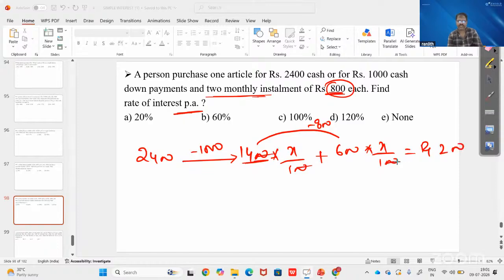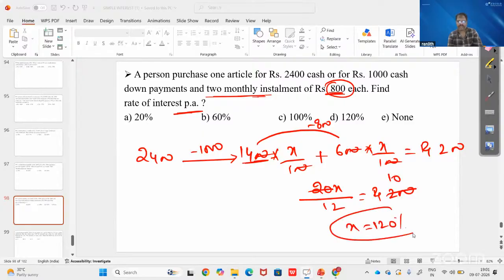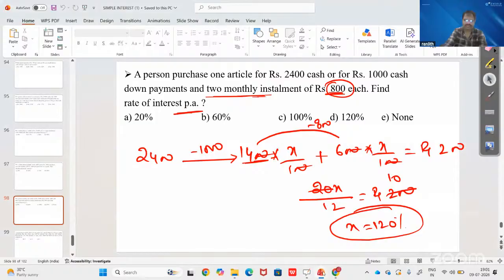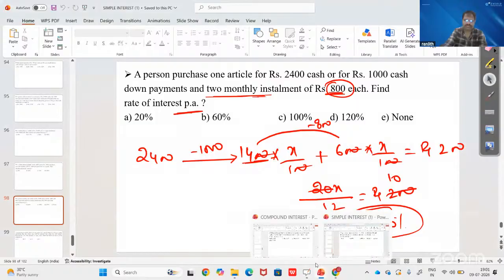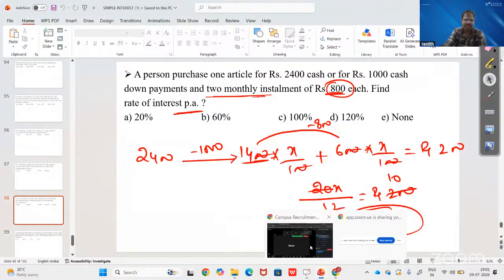The zeros cancel here also, giving 20x by 12, since per annum is 12. On the 200 rupees extra, 21s are 20 tens are, where x equals 120 percent. So the percentage per annum is 120 percent per annum. Yes, the answer is 120 percent.